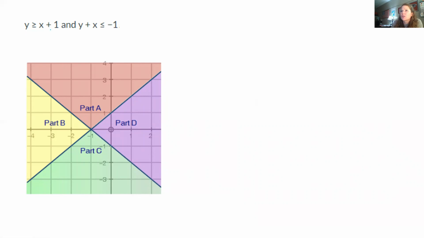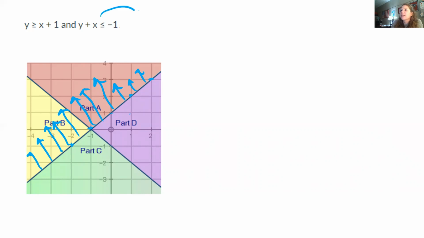I'm going to start at +1, and I'm going to go up 1, right 1, up 1, right 1, up 1, right 1. Down 1, left 1, down 1, left 1, and it's greater than. So that tells me I'm shading up here. These look like 7s, but they're supposed to be arrows. Okay? So all of these sections above are supposed to be shaded.